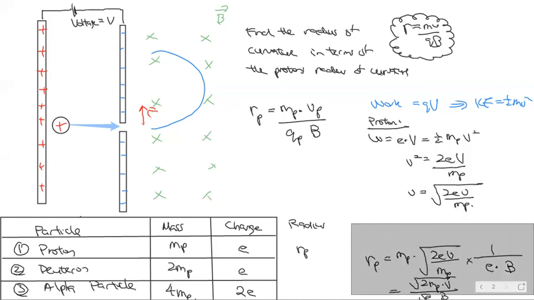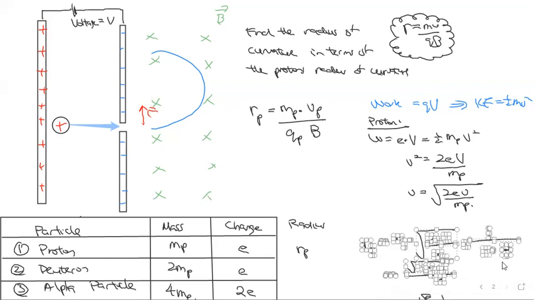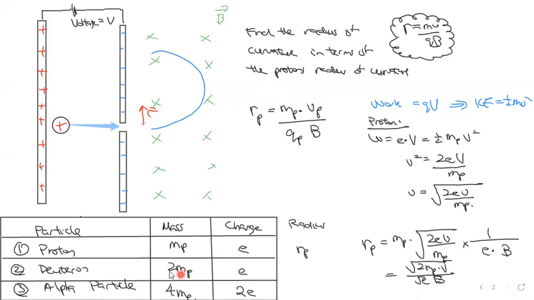All right. So now that we've been able to get the radius of the proton in terms of our constants, we just need to repeat this same process with the other ones. So you've got a deuteron, which is 2 times the mass and e.